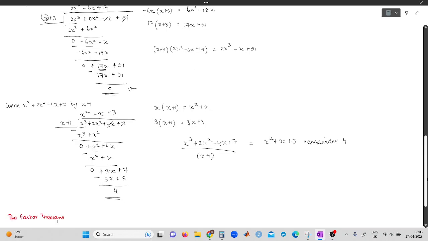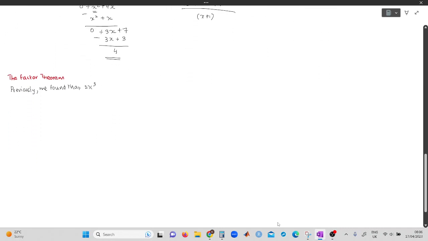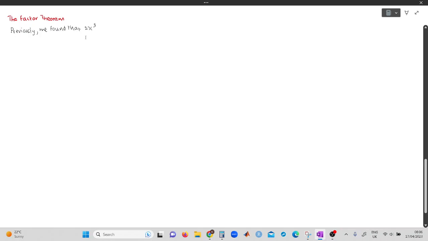Donc, let's mettre une petite théorie. Previously, on a vu ça ensemble. On a vu que we found that 2x cubed minus x plus 51, okay, is exactly divisible by x plus 3.